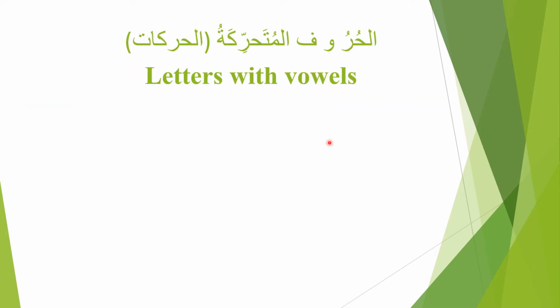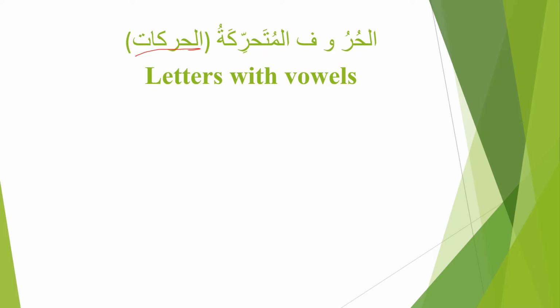So our next slide is explaining al-huruf al-mutaharrika, the letters with harakat. Harakat simply means the fatha, dhamma, kasra that we discussed earlier in the first video, in lesson 1. It means letters with vowels.